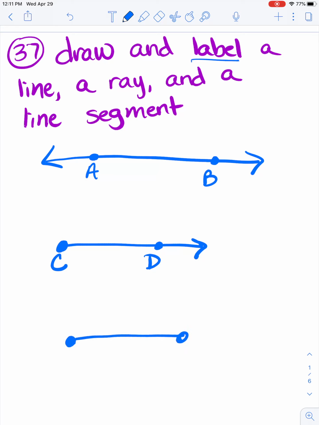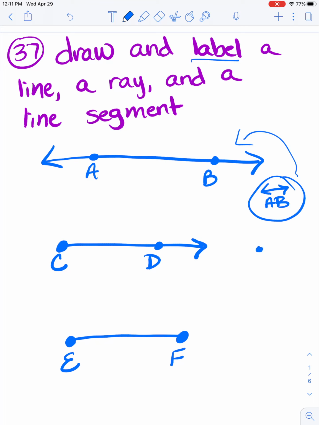And then a line segment is where we have both fists. So this we have to label on the ends. We have to label on those points. We're going to label it E and F. So that's drawing it and labeling them. If someone asked you to just write what it was, they would ask you, if they said draw this, this is how you would draw it.